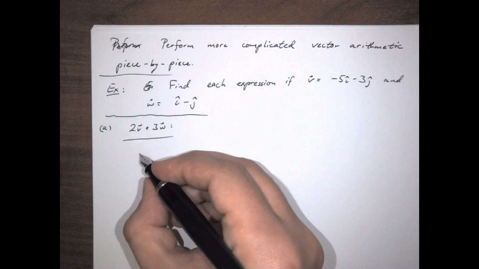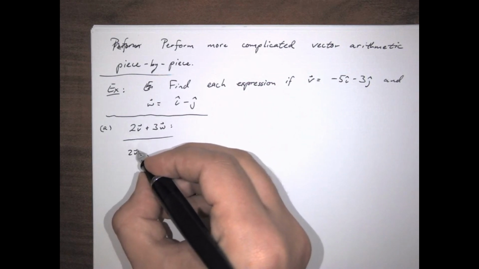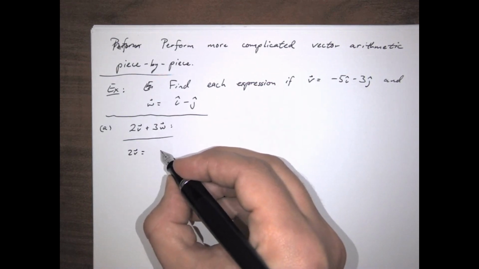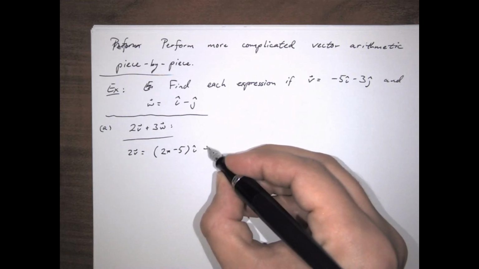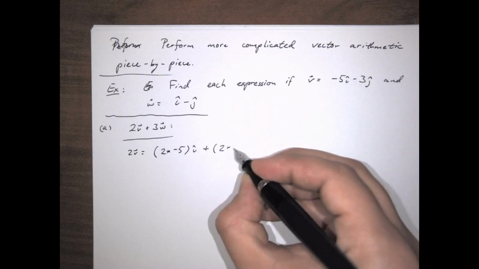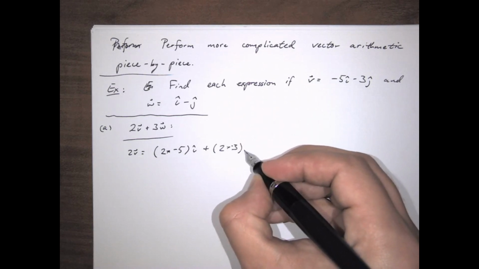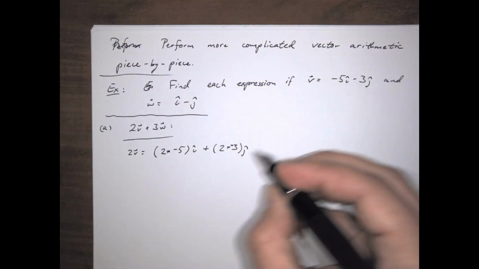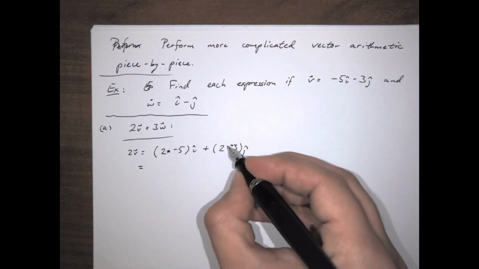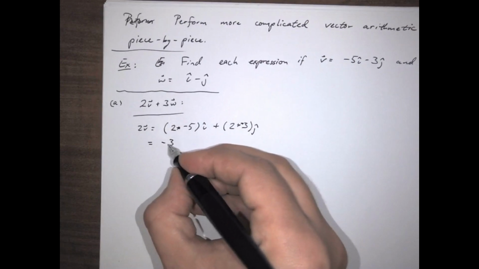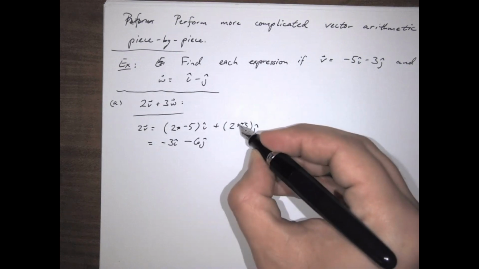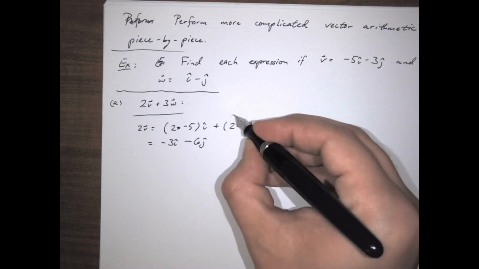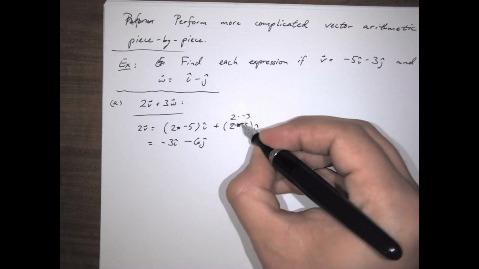So 2v is going to be just 2 times each component of v, 2 times negative 5i, plus 2 times negative 3j, which would then be negative 10i minus 6j, 2 times negative 3. That's what that says.